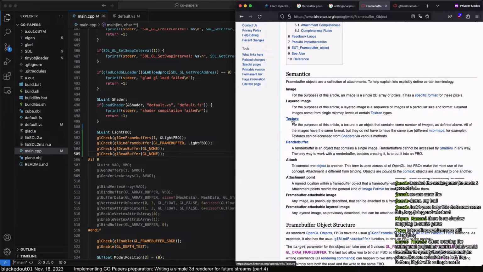And so this way you can access the texture. As far as I understand, a render buffer you would use if you want to render something, but you don't want to access the stuff that is written into the buffer. Here it says you can't access them in the shader. But we want to access the depth buffer in a shader, so we use a texture.